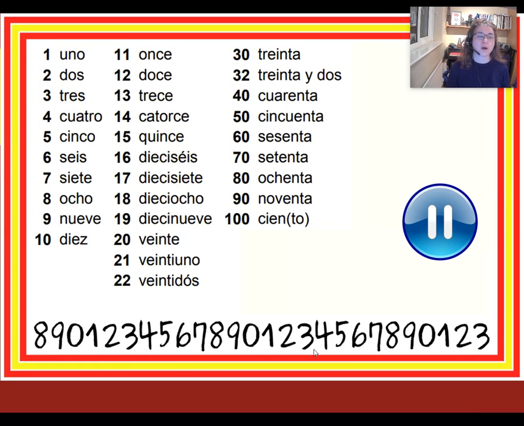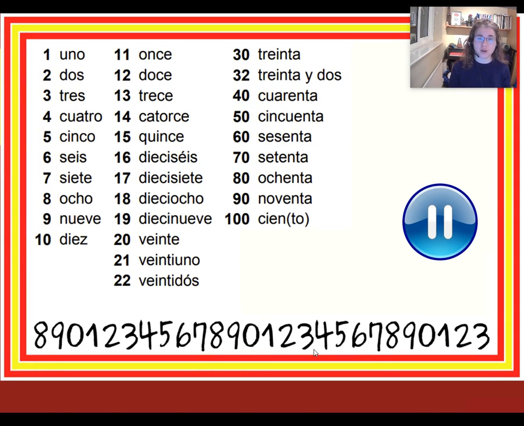Then you have 40, 50, 60, 70, 80, 90 for all the other tens. And there are no examples for those ones because they just follow the same pattern as the 30s. You put y for 'and' after them and then the number of ones. So 88, 80 y 8.